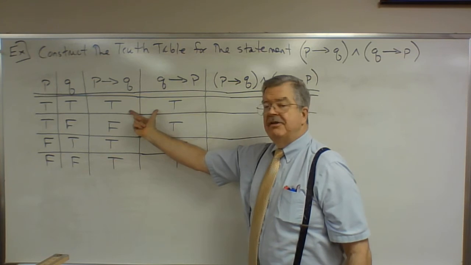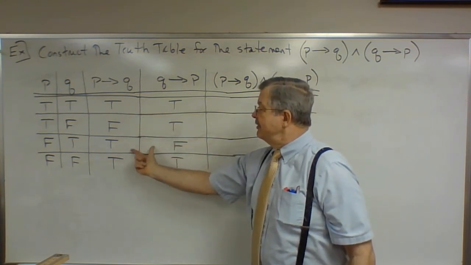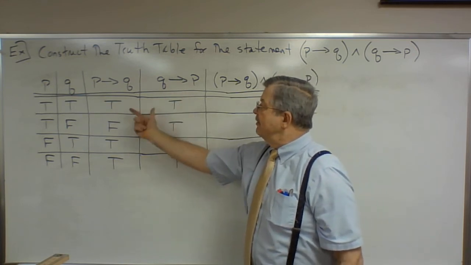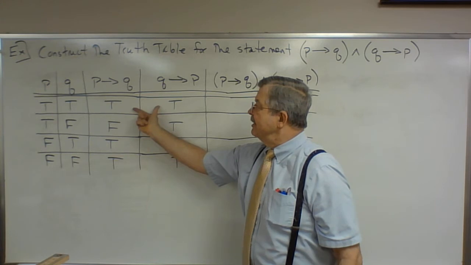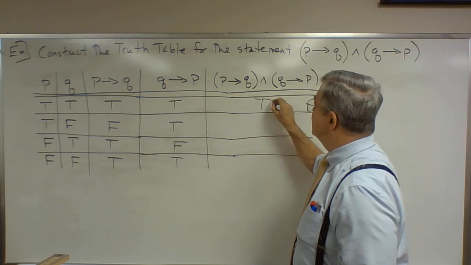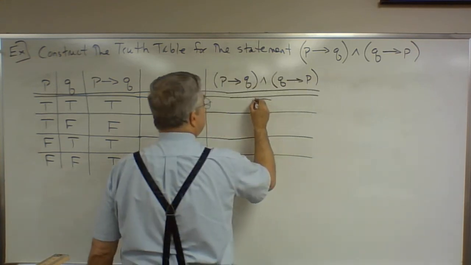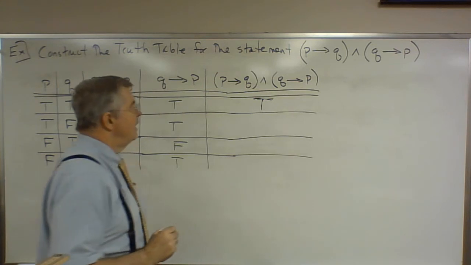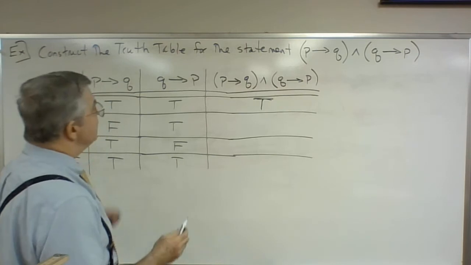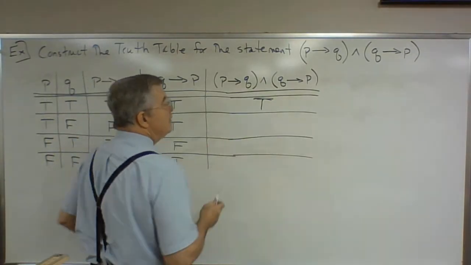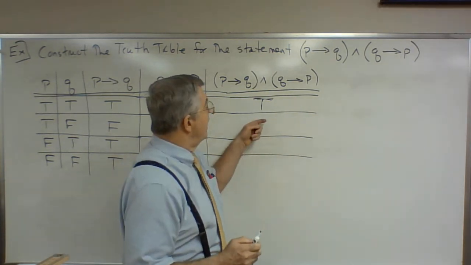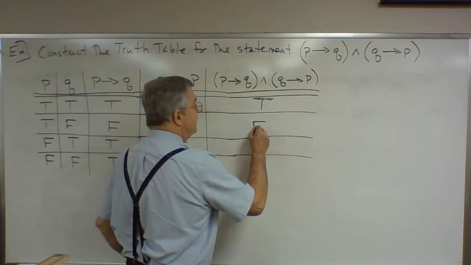This is the only case where it happens. In all of the other cases, one of these things or the other is false. So this is the only situation right here where this statement and this statement are both true. So I put a big fat true here. Let me make that a little bit fatter. And all of the others I know have to be false. I don't even have to think about the truth values because I know my special case for an and statement or a conjunction. I know that all of these other things are going to be false.